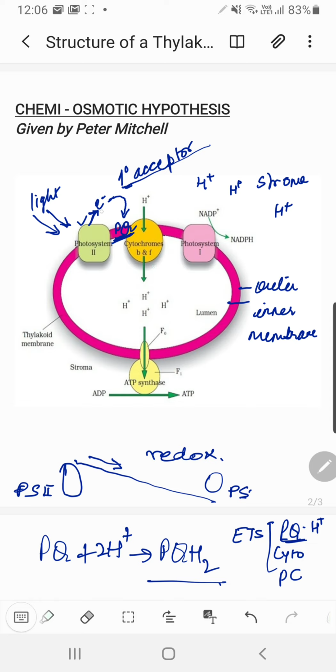What happens? The electron is taken up by plastoquinone. Plastoquinone, what does it do? It transports the electron further, but also helps this cytochrome to act as a pump, right? Because these are friends, plastoquinone and cytochrome are associated, and plastoquinone is a proton acceptor, proton carrier. So two things are happening simultaneously here when this electron is transferred.